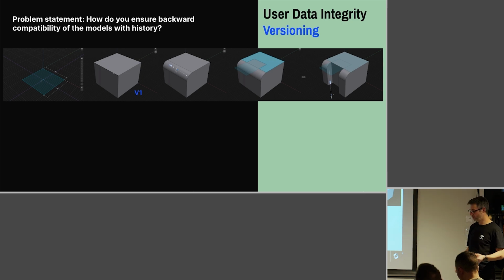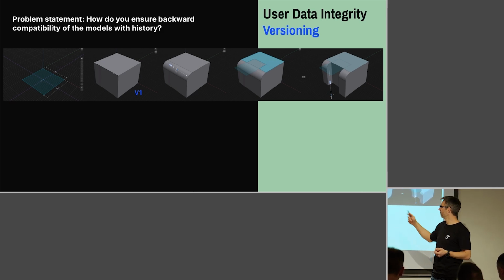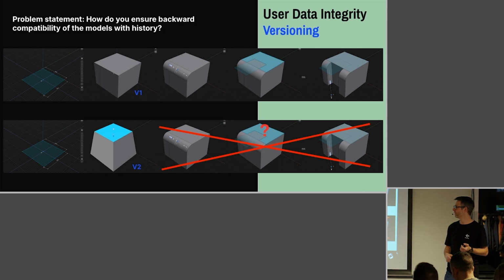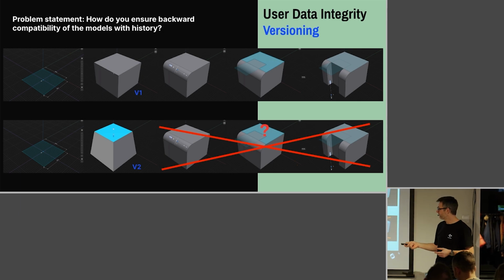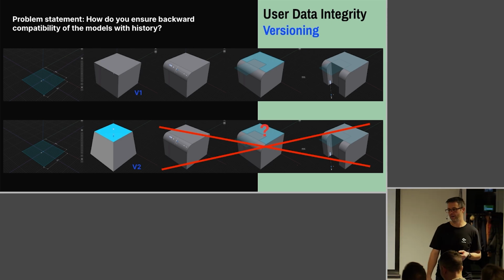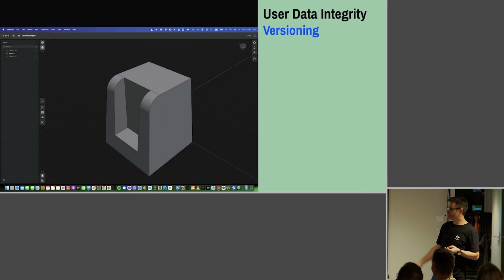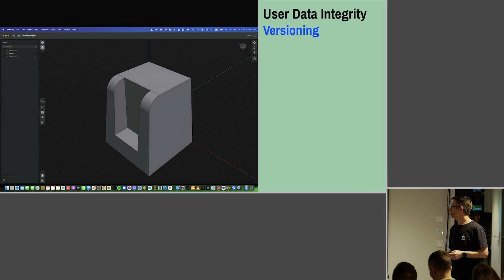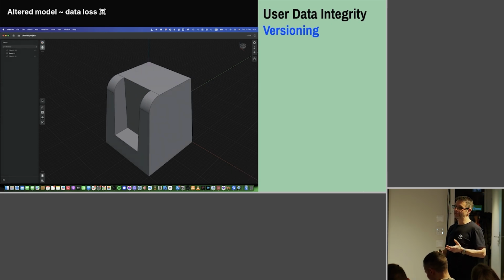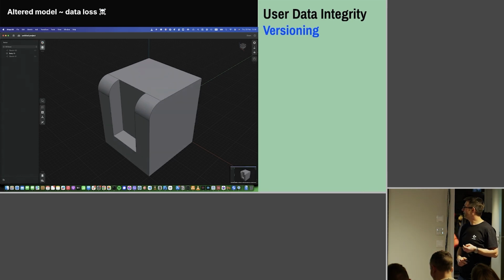And one of the programmers changes the modeling function for the extrusion, and we get something else at this step, and we are trying to reapply the whole operation, the features in the timeline, upon that. So what will happen? We don't know, right? Anything could happen. What actually happens is the model will immediately change. We will not get the same design. An altered model is data loss for the user. So we can't let that happen.